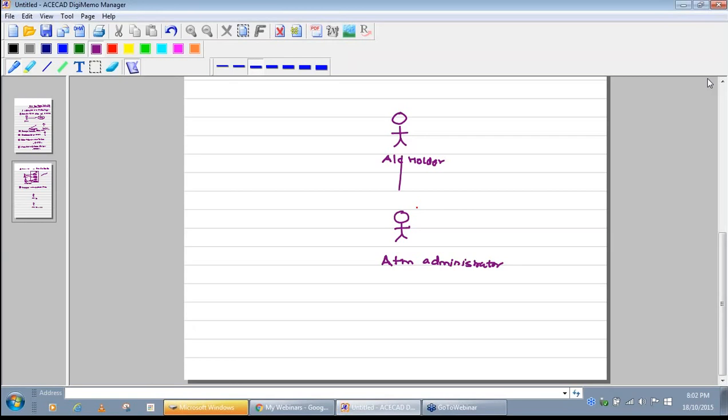You can see it here, this arrow is the notation for the generalization relationship between actors. And the arrow points from the specialized actor towards the generalized actor.